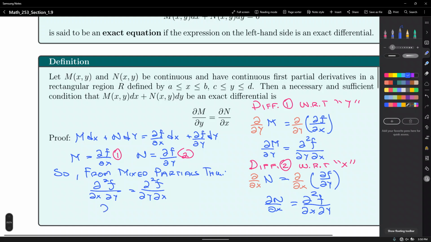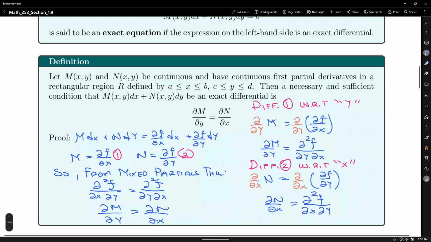What does that mean? The partial of M with respect to y equals the partial of N with respect to x. And with this we prove that condition. Actually, this is a proof I don't do in the Calc 3 class, but I'm doing it here in differential equations, just to show that this is still true.